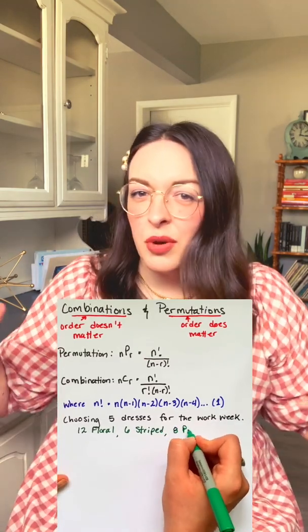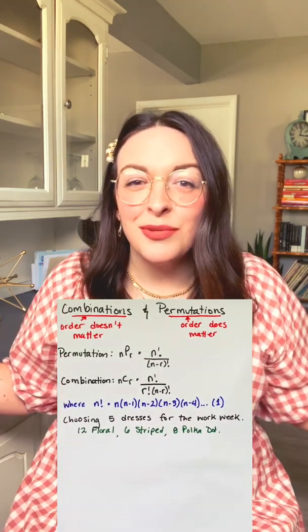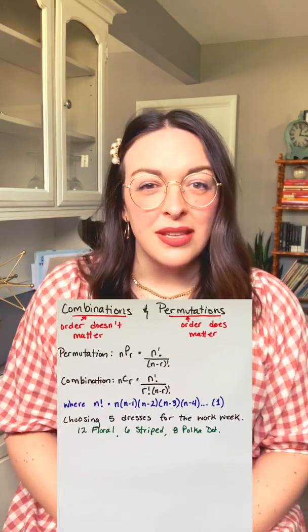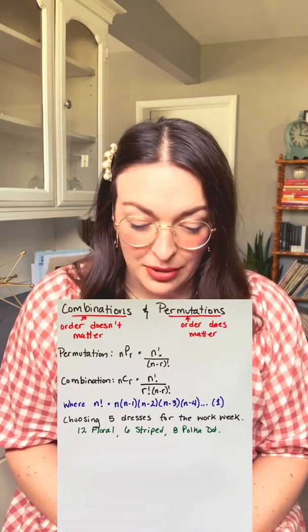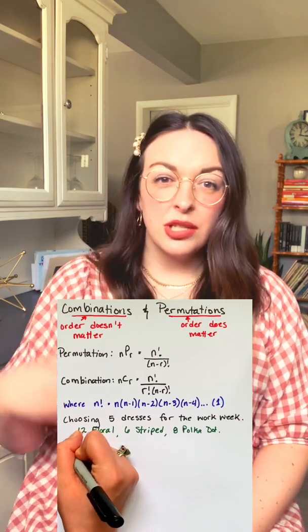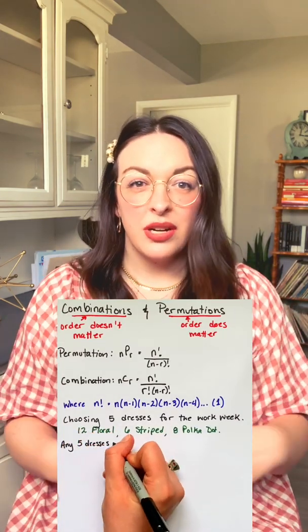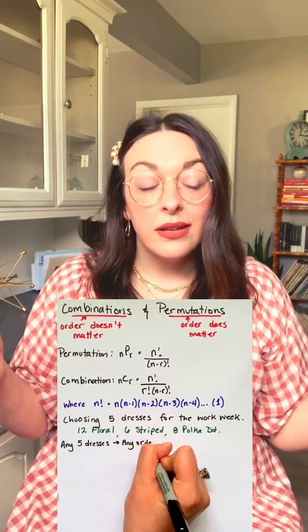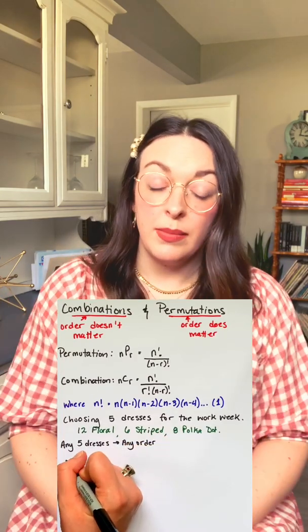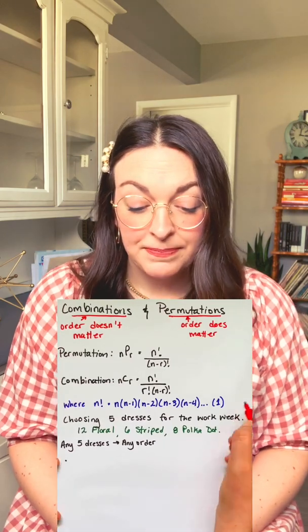So say I just want to do a whole nice patterned week, and I'm trying to pick from these 26 dresses all together. Say I just wanted to choose any 5 dresses in any order, and I don't really care what day of the week, I just wanted to first know which 5 dresses I'm going to be wearing.